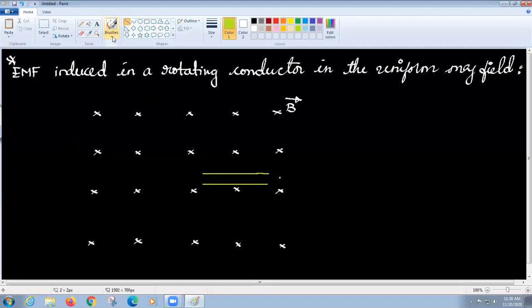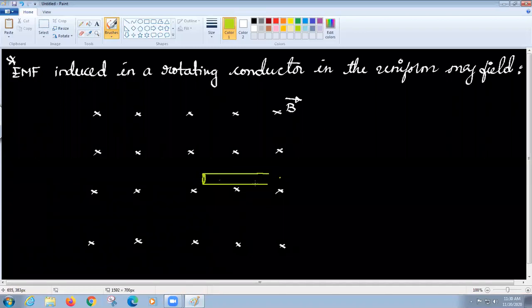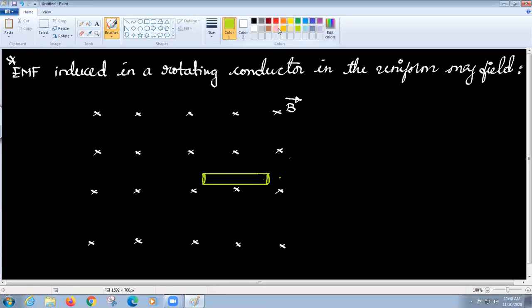This is my conductor. Now let me make it neat. Again, the length of the conductor is L. Okay, this is L.